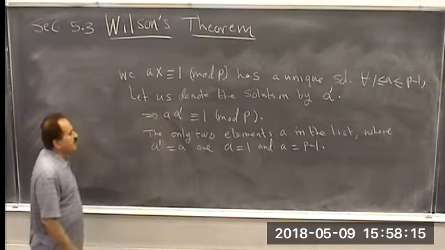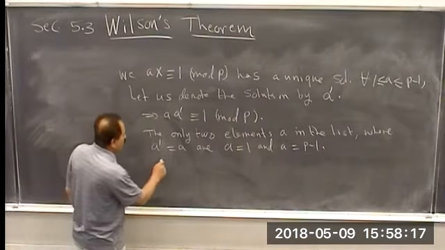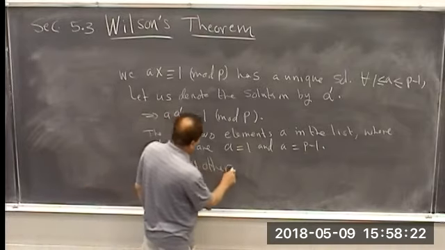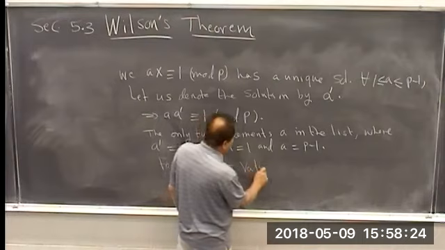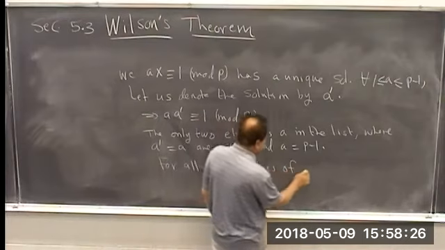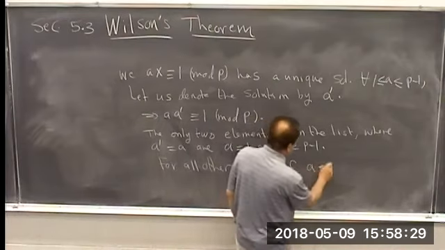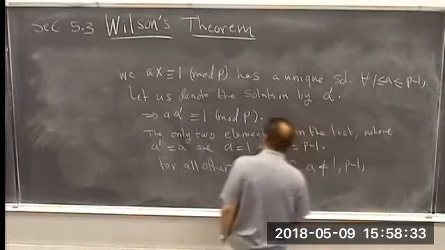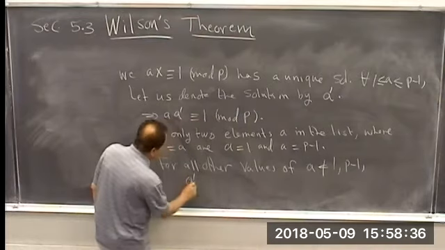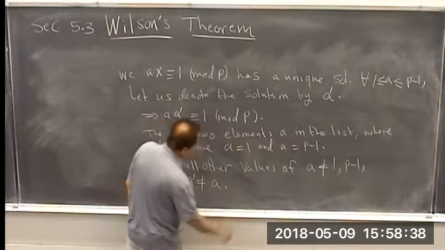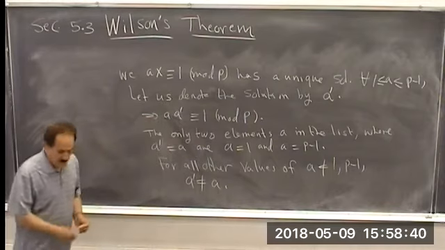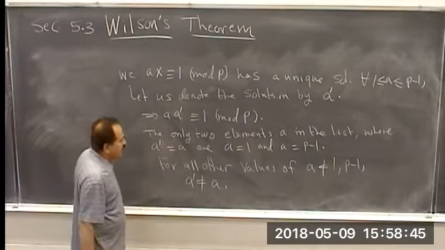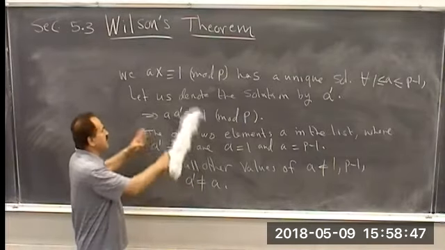All right. Now, for all other values of a that do not equal 1 or p minus 1, a prime is different than a. And we know that for every a there is an a prime.